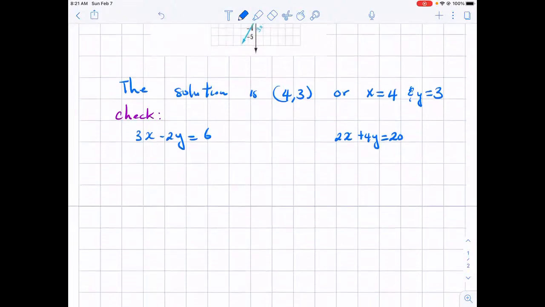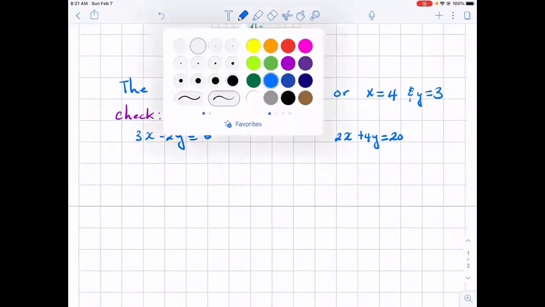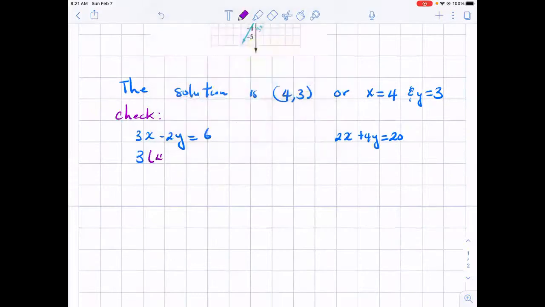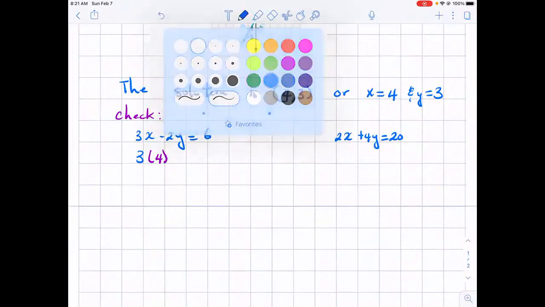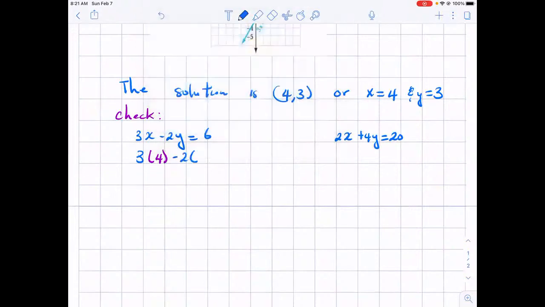If we replace x with 4 and y with 3, this should be a solution to this equation.